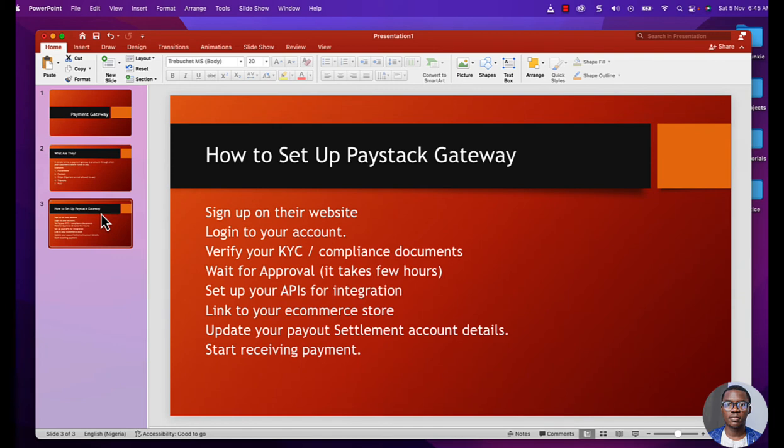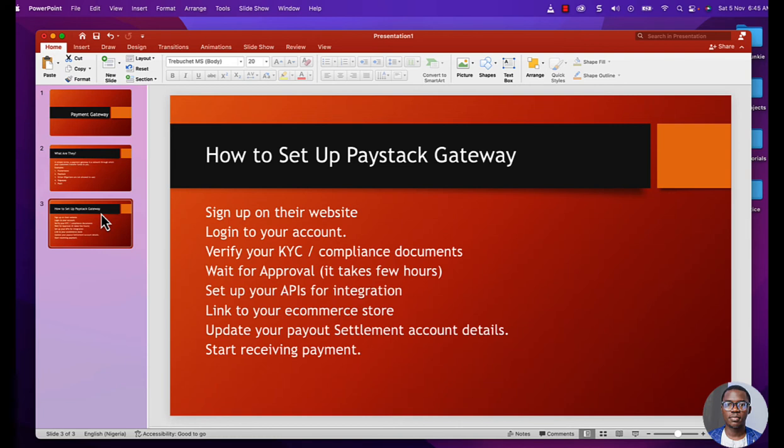First and foremost, you have to sign up on the website, that is the Paystack official website. Thereafter, you have to log into the website, and upon that, you have to verify your KYC, that is know your customer, where you need to provide your national ID or a voter's card or a driver's license.